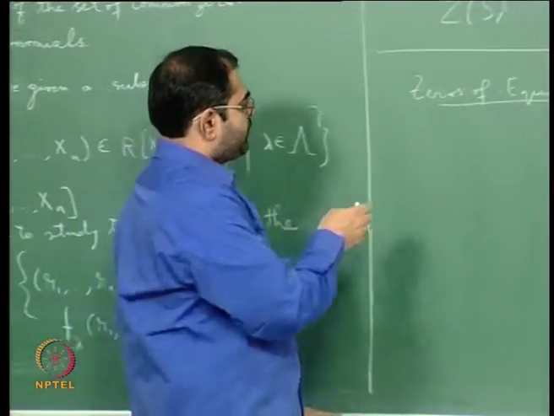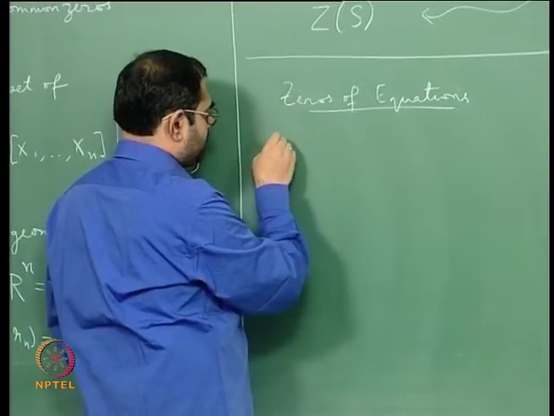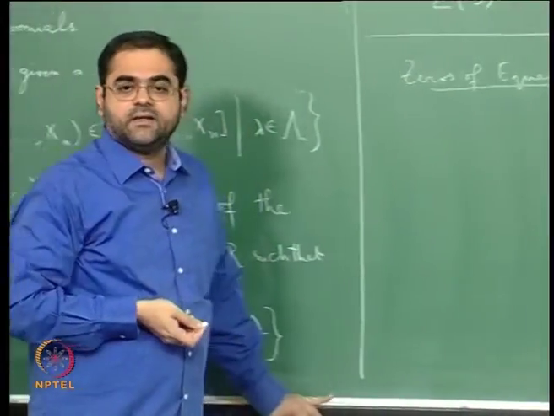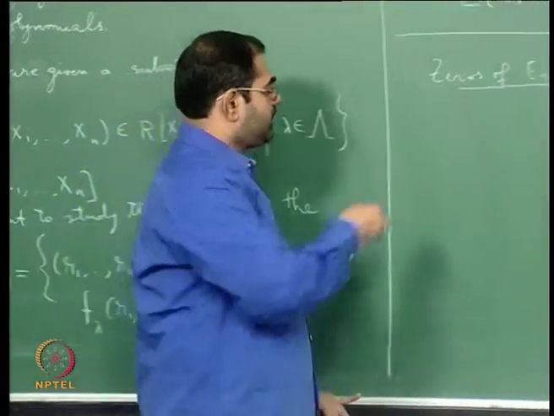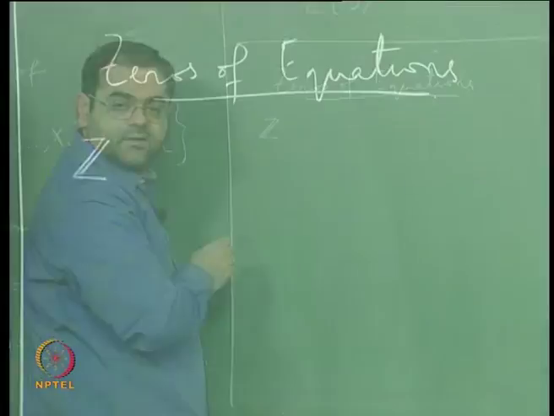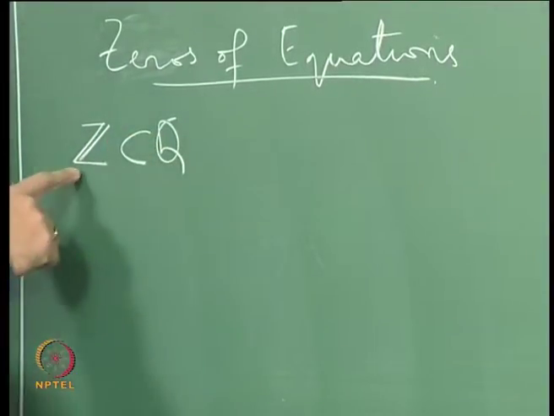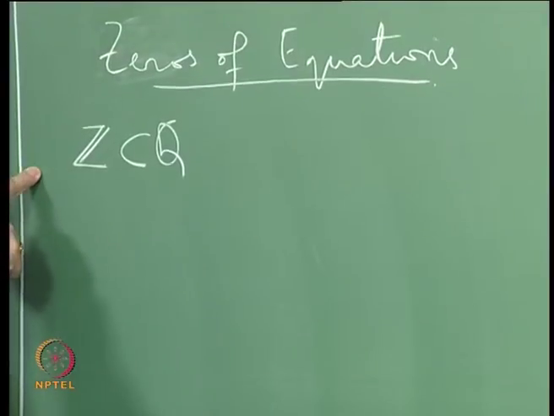Well, the first thing is, as you would have come across in any first course in algebra, usually we start with integers, and then you extend them to rational numbers. Of course, you could also take natural numbers before this.